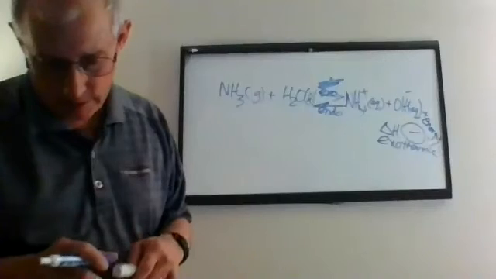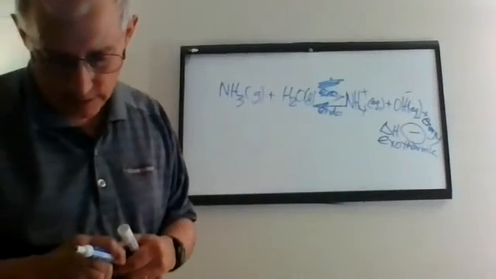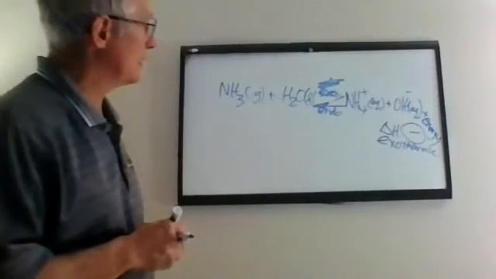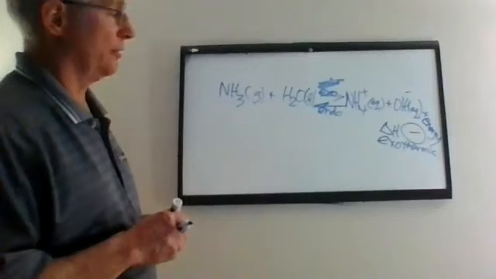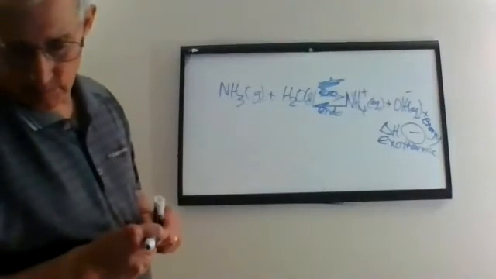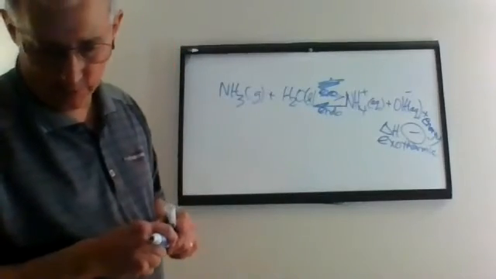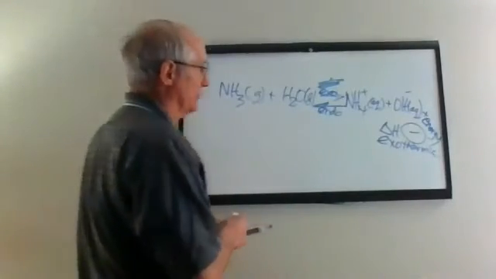And now, what about the sign T delta S? Is it negative? If it's negative, that means it's becoming more ordered. This means that the entropy factor favors heading backward in the reverse direction.